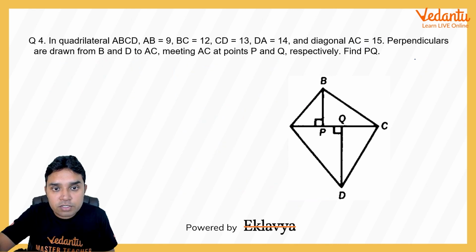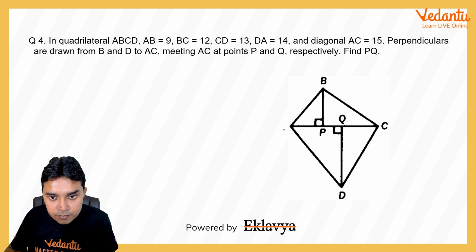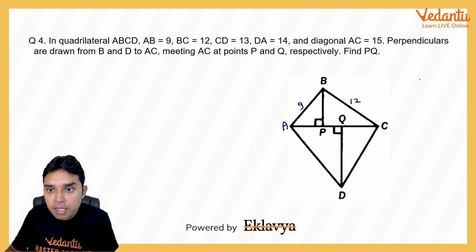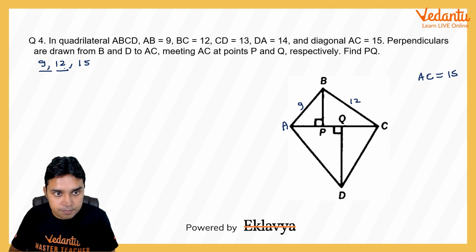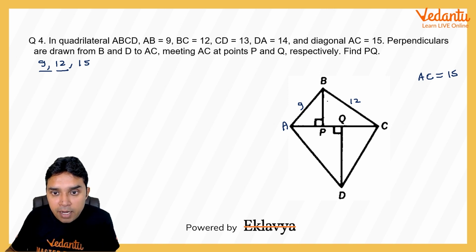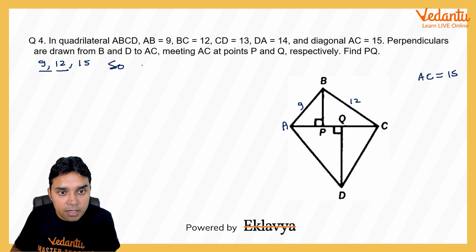Let us try this question by another method. Please see how. So here we are having 9, here we are having 12, and AC is 15. So if we notice, 9, 12 and 15 is a Pythagorean triplet. 9 square plus 12 square is 15 square. That means at B it should be 90 degree.